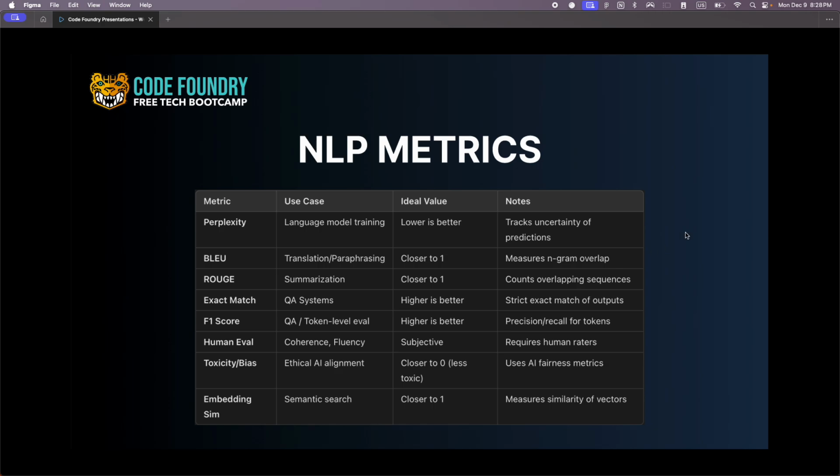N-grams are essentially atomic properties of words. And so if you want to get into NLP, there's way more where that comes from. ROUGE, which is counting overlapping sequences. A lot of these are very specific to NLP and have a lot of NLP terminology. But the idea is to create an unbiased, overarching AI that can take in all of the language.